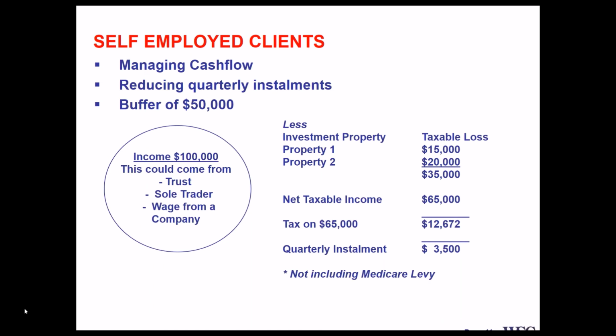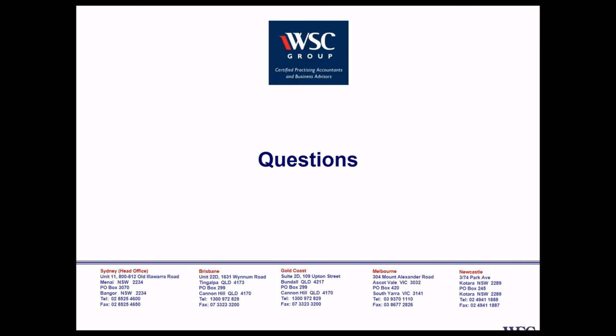For many of our self-employed clients, we actually meet quarterly, so we're always working out the benefits of investment properties on a quarterly basis, not just once a year or when the variation changes. I hope this gives you a bit of an overview of what a tax variation is and why you would do a variation.